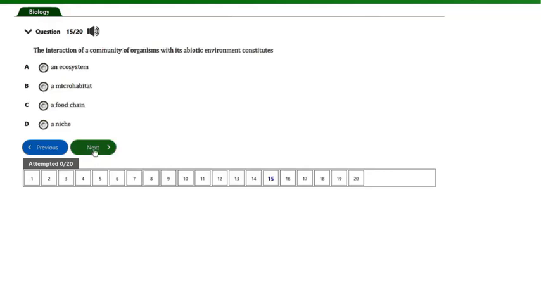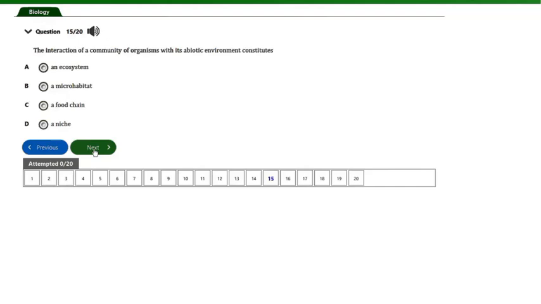So let's look at the next question. That's question number 15. Question number 15 says, interaction of a community of organisms with its abiotic environment constitutes A. an ecosystem, B. a microhabitat, C. a food chain, D. a niche.